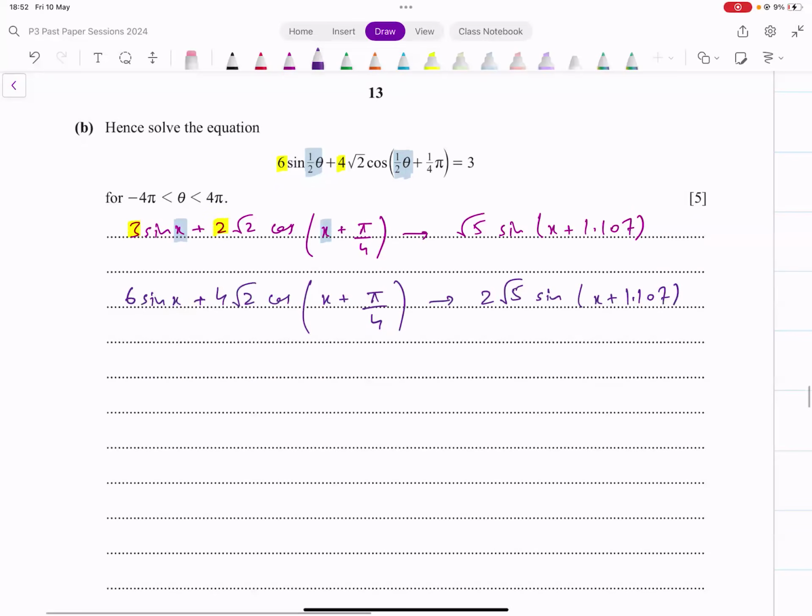Now, in place of x, they've got half theta, so we can do that replacement as well. If we have half theta on the left side, on the right side as well, in place of x, we are going to have half theta.